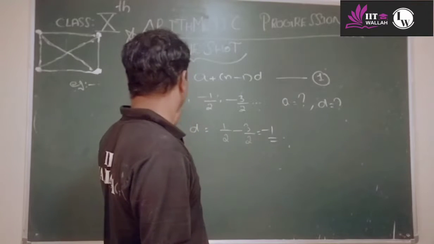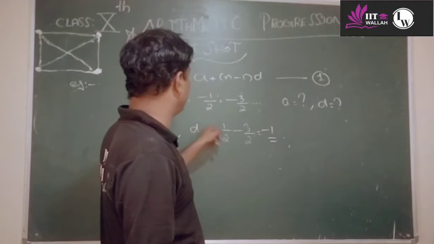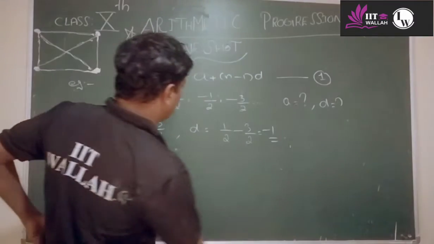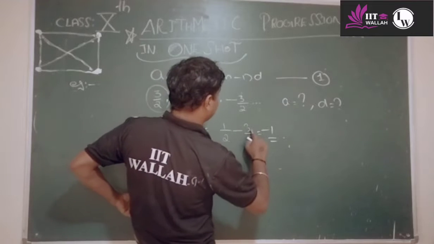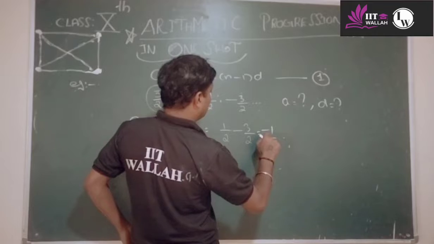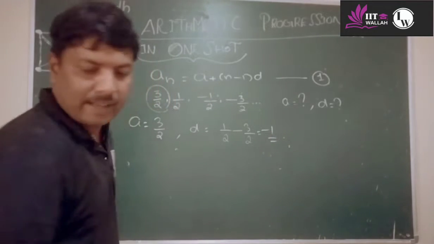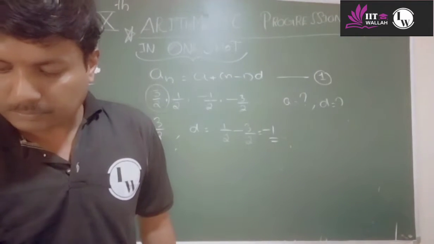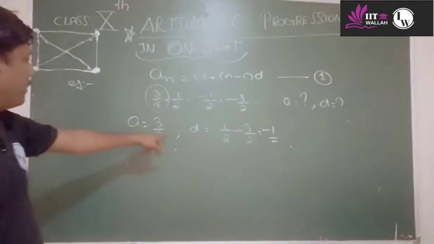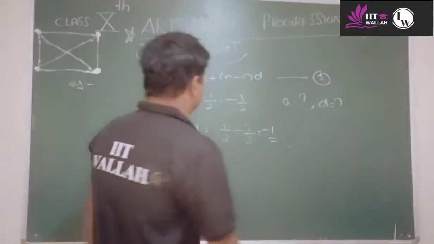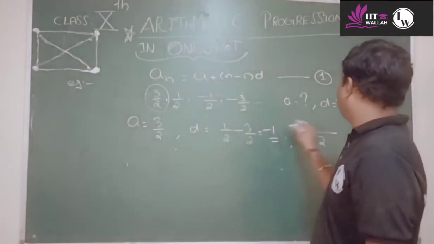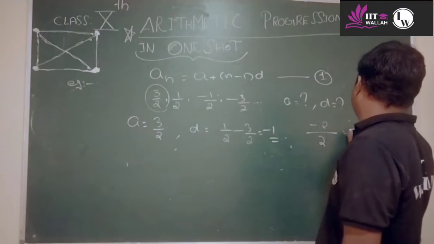1 by 2 minus 3 by 2. Here 2 is the LCM. So 1 minus 3 is minus 2, minus 2 by 2 is minus 1.